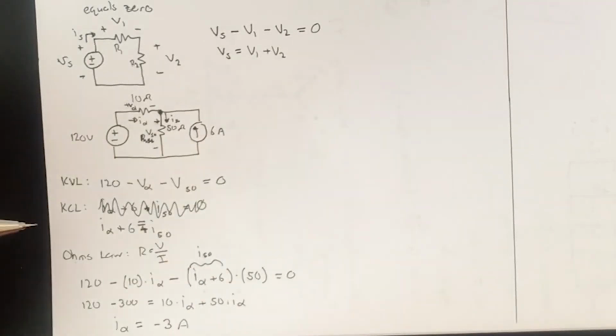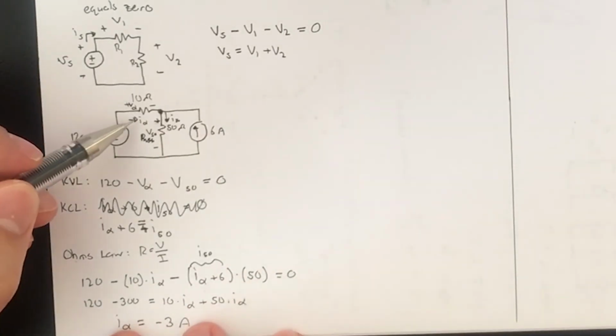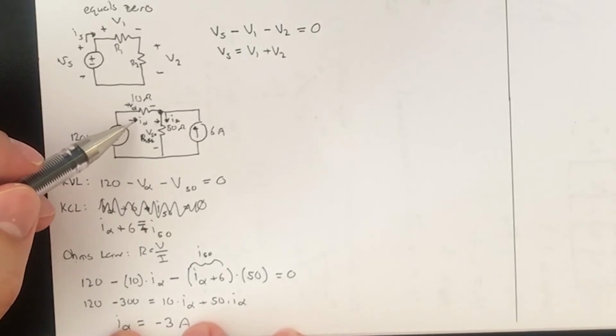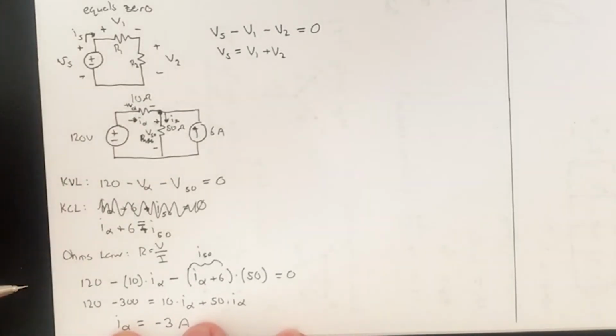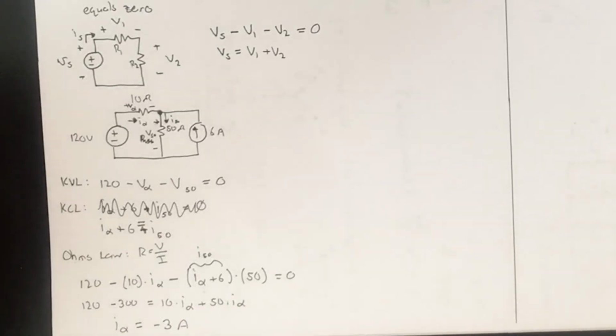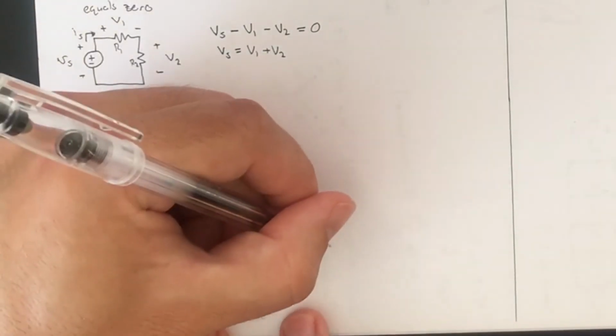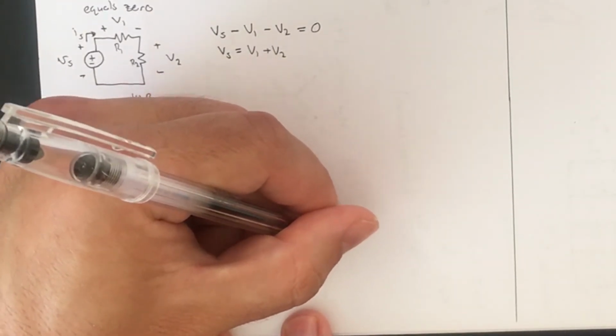Wonderful. So essentially what is happening here is that this I alpha has yet again been defined in the incorrect direction and is in fact flowing this way through the circuit, which might seem a little confusing, but is in fact true. So let's work out what the I of the 50 ohm resistor is.